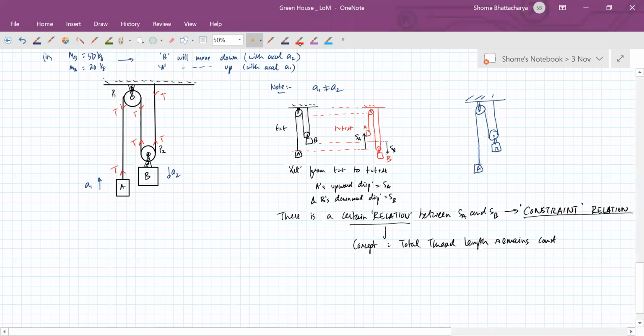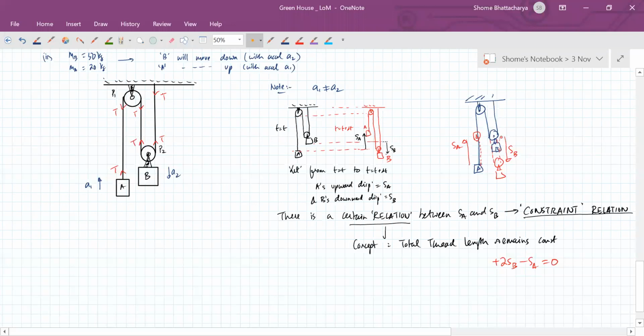Now if the block B comes down by SB, how much thread is it pulling? It's pulling two times SB of thread, so plus 2SB is the amount of thread length it's pulling from this side. During that same time, A goes up by SA, so it releases SA amount of thread, so minus SA. So this has to be 0.